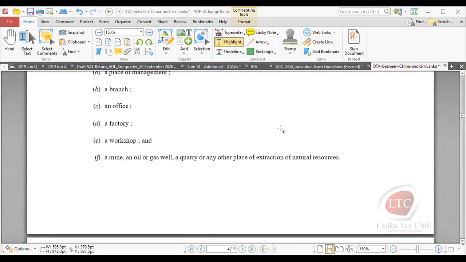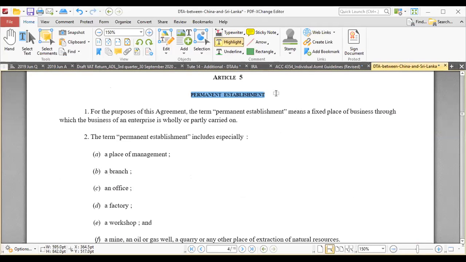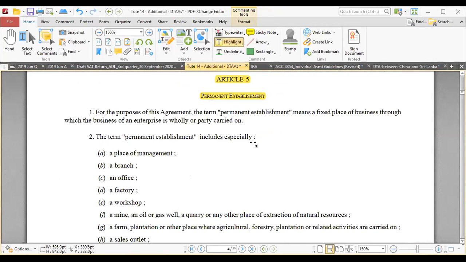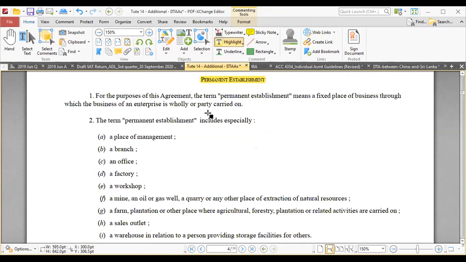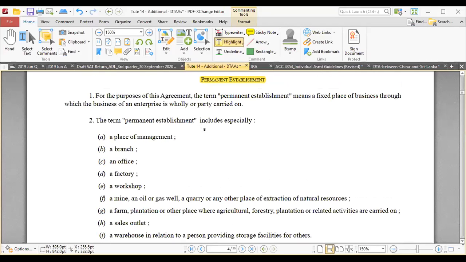Then go to the permanent establishment, because I discussed this anyway, I will go through it again. The permanent establishment is Article 5 in the China treaty, and also in the India treaty. Then you need to analyze the content.